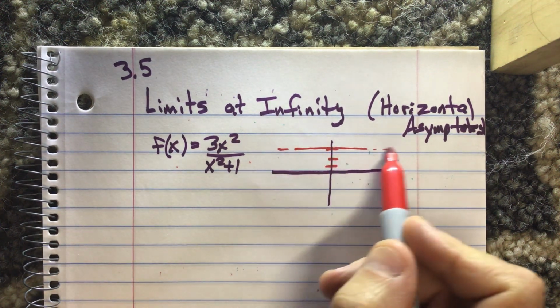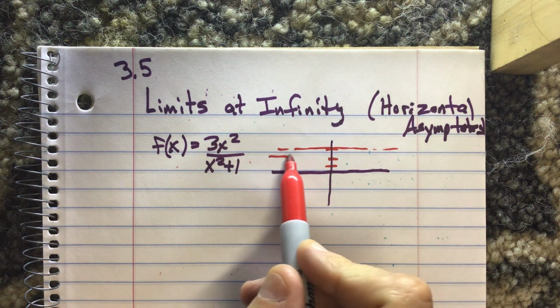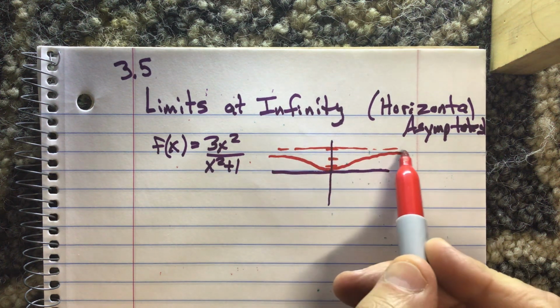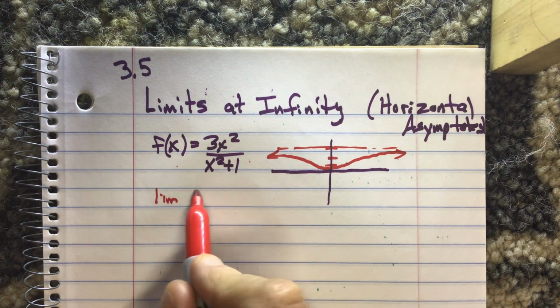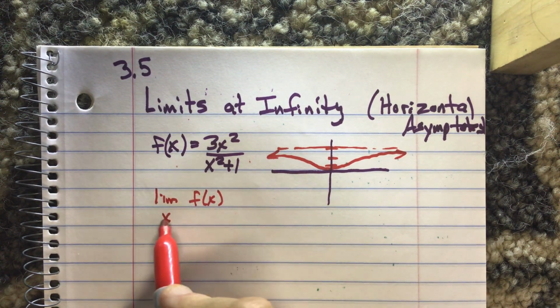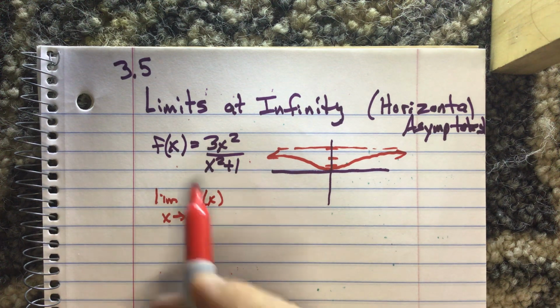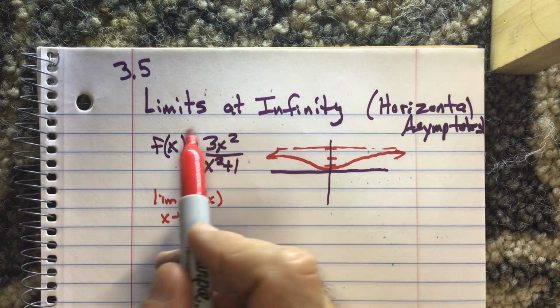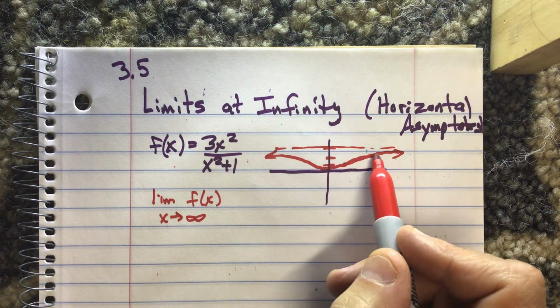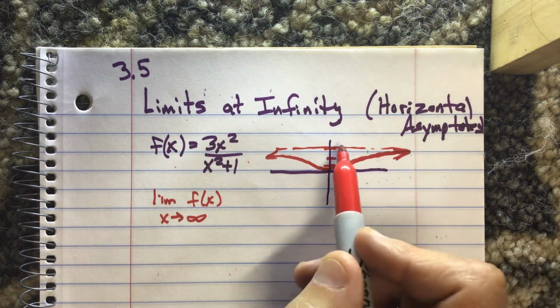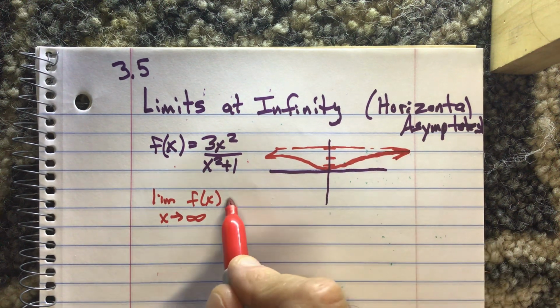So like this, and the graph kind of looks like this. And so the question is, what is the limit of f of x as x approaches infinity? This is what we mean by limits at infinity. As x approaches infinity, what is y getting closer and closer to? And that's that horizontal asymptote at 3.